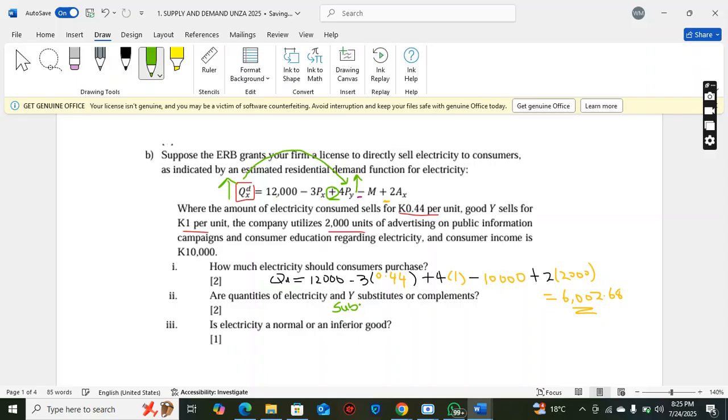Because if the price of good Y, let's say that is solar, goes up, people stop buying solar and go for the normal electricity. So the quantity demanded of electricity will go up. Because of this positive sign, that's why we've said they are substitutes. Any questions?